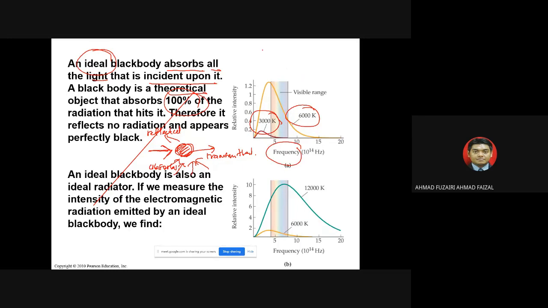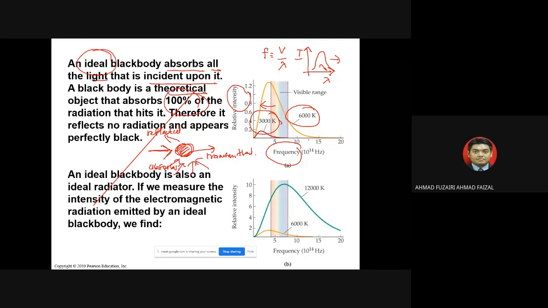Remember, frequency is equivalent to v over lambda. Before this, we were plotting intensity against lambda. So we can see that the graph has been shifted, and now at low temperature it has been shifted to the left. That is due to what we plot, the intensity against frequency and not against wavelength.